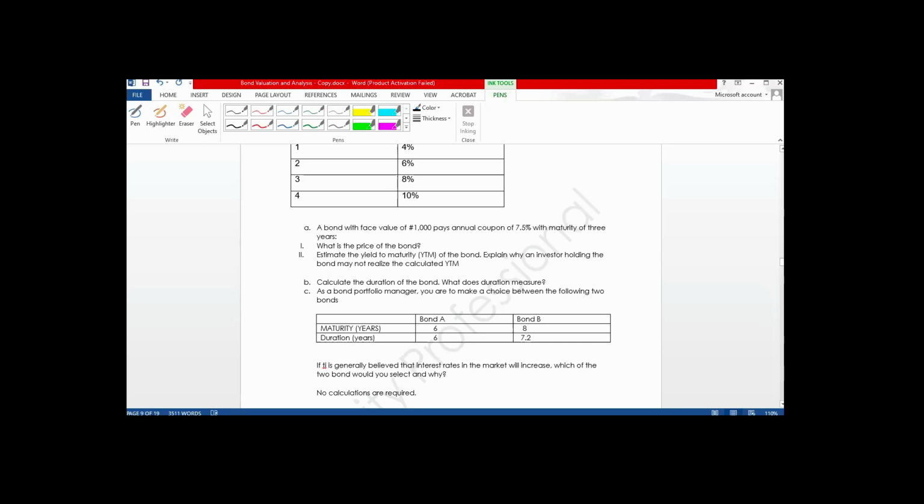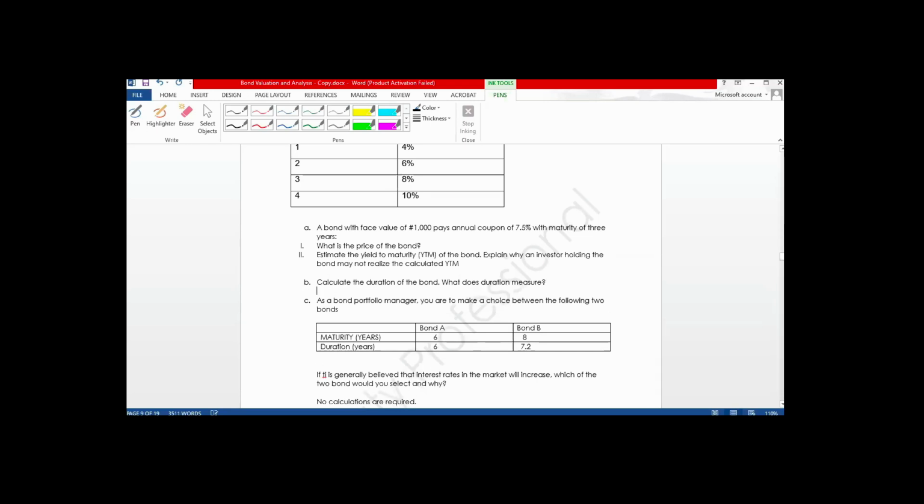Examiner says, as a bond portfolio manager, you are to make a choice between the following two bonds.